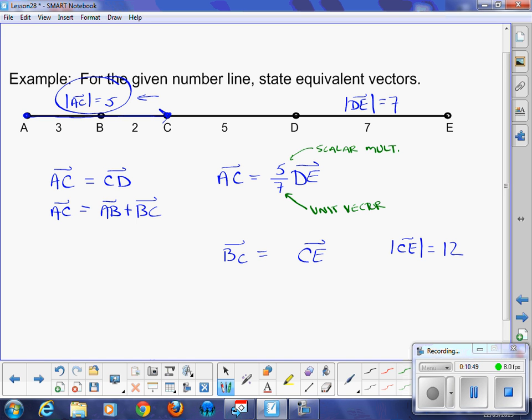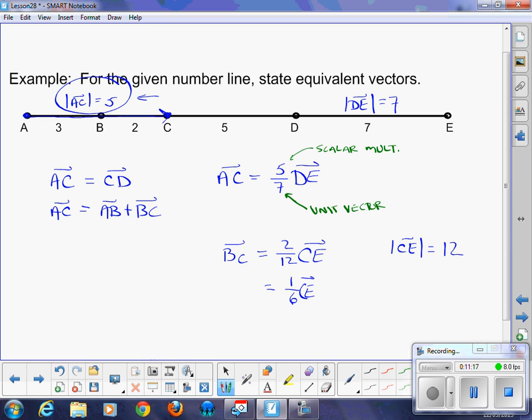So I need to reduce CE down to a unit vector, so I'm going to divide CE by 12. That reduces it down to a magnitude of 1. Direction still doesn't change. I need to make it the same length as BC, which has a magnitude of 2. So it would be 2/12, or 1/6 the length of CE.